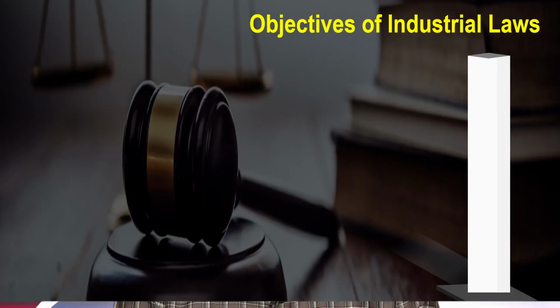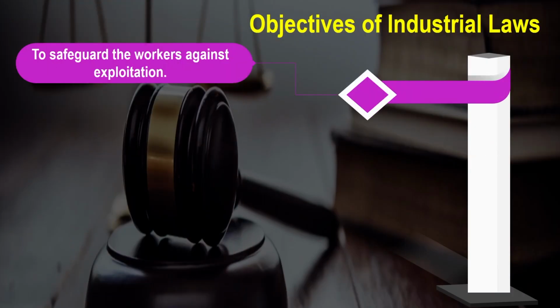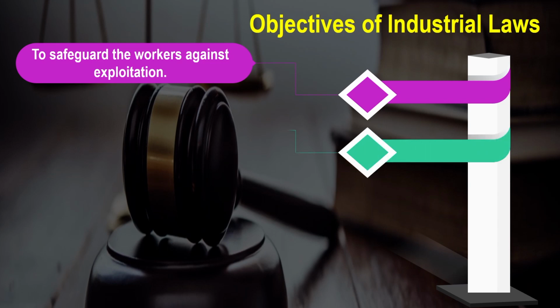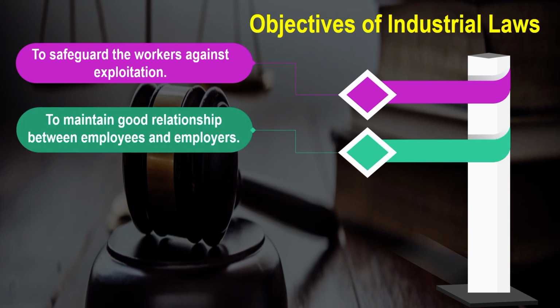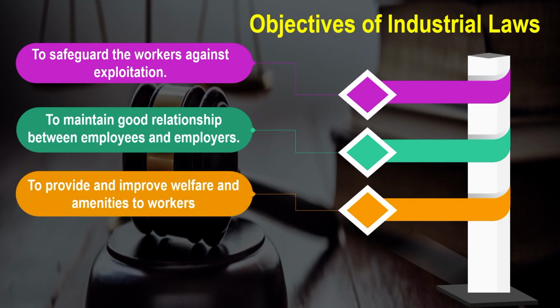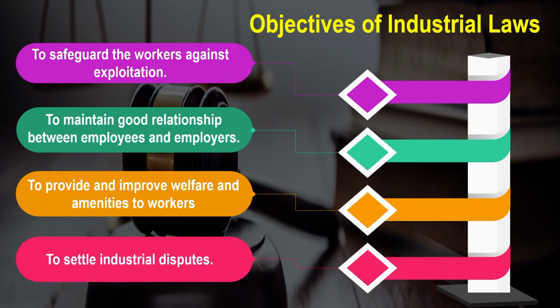Now, regarding the objectives of the industrial laws, the first objective is to safeguard the workers against exploitation, then to maintain good relationships between the employees and the employers, then to provide and improve the welfare and amenities to the workers, and to settle industrial disputes if any.